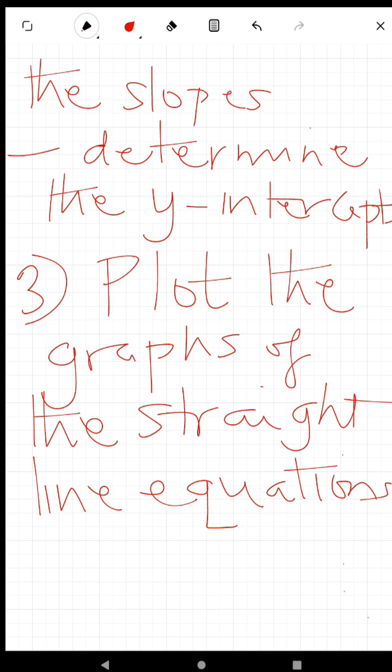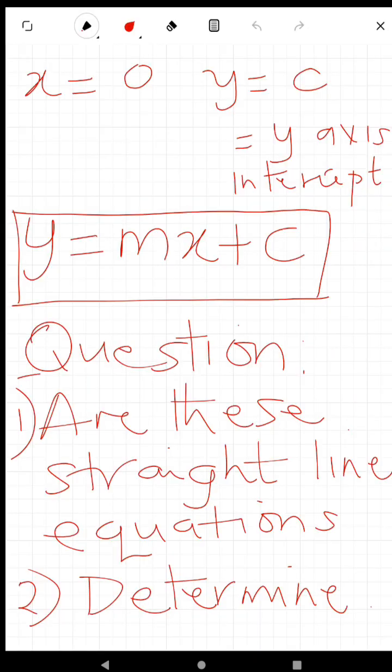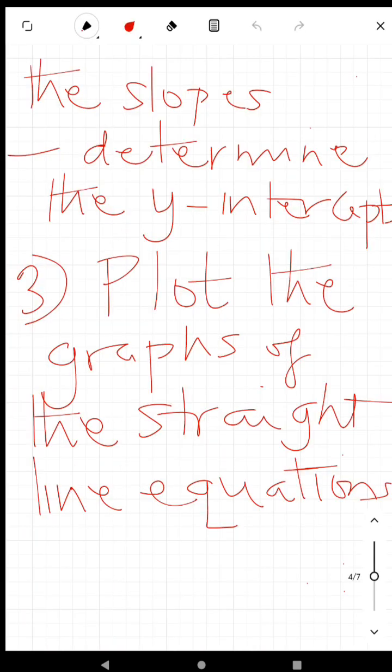So the questions are: one, are these straight line equations; two, determine the slopes and the y-intercepts; and three, plot the graphs of the straight line equations.